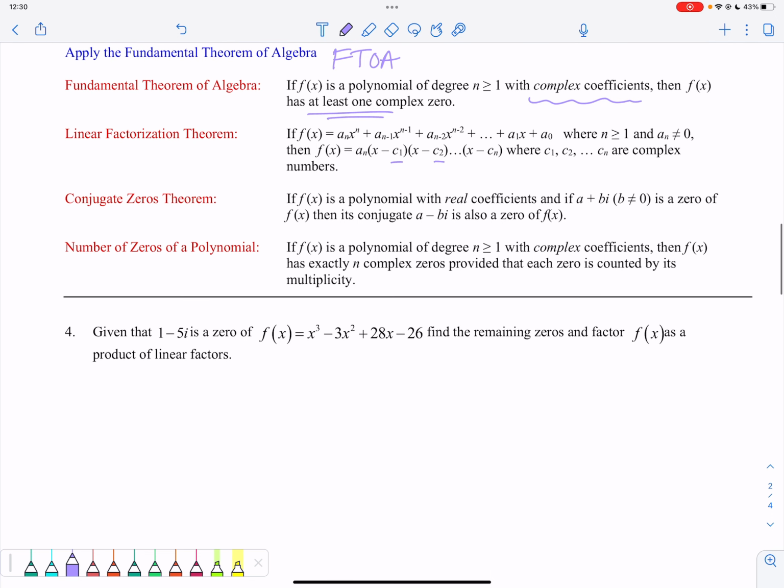The conjugate zeros theorem is super important. So that if a plus bi is a zero of f of x, then its complex conjugate, a minus bi, is also a zero of f of x.